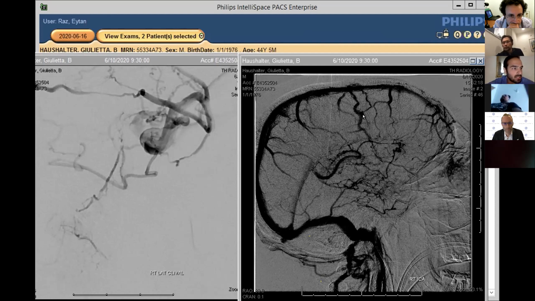Yeah, no, that's a good point. We thought about the orbital approach before going for treatment, so he was consented for all three treatments. Now, in terms of the risk of the direct transorbital puncture, it's interesting when you look at the main studies that were published about that.